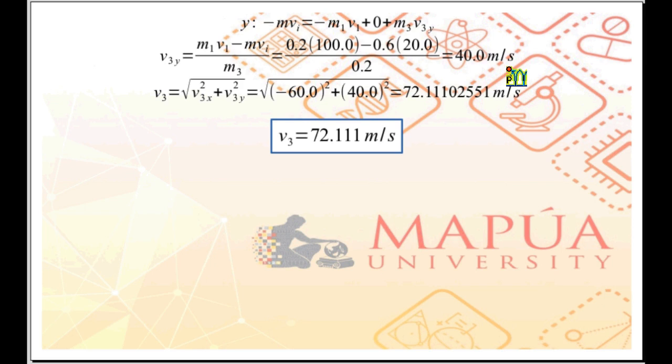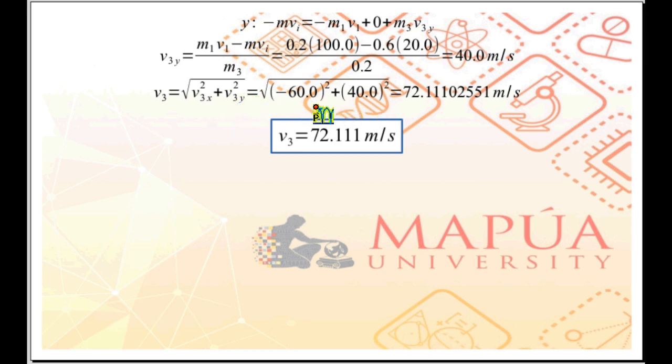Knowing the x component of v3 and the y component of v3, we are able to calculate the magnitude of v3 by using the Pythagorean theorem. So v3 is equal to the square root of v3x squared plus v3y squared.